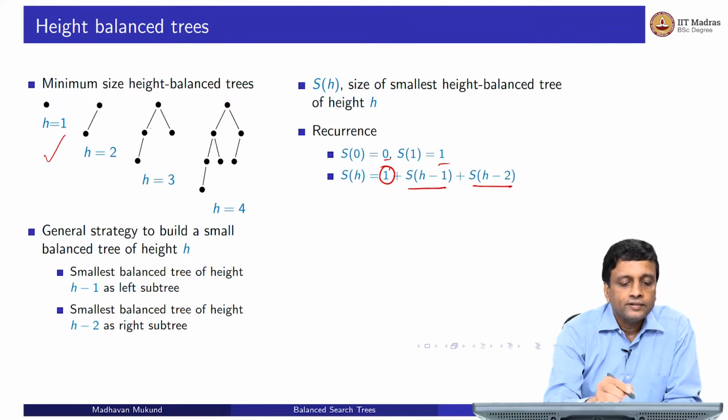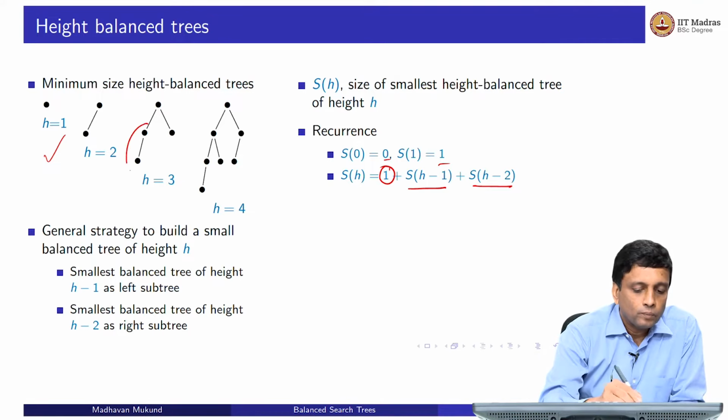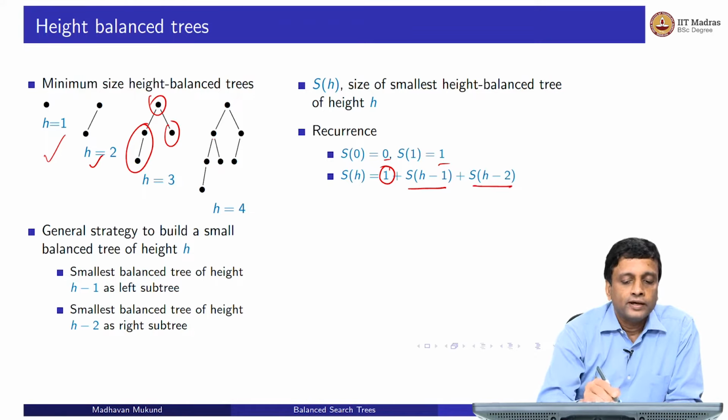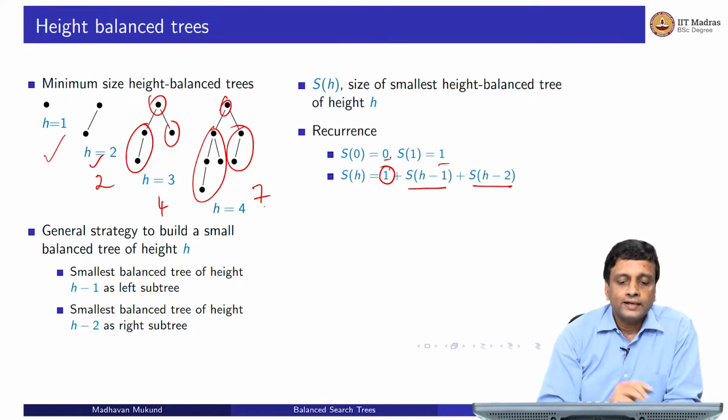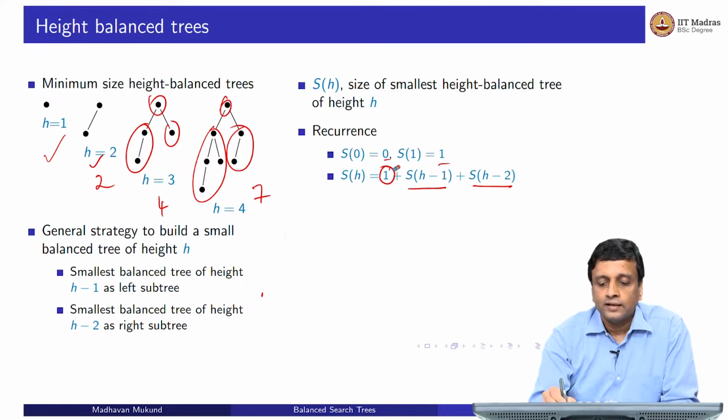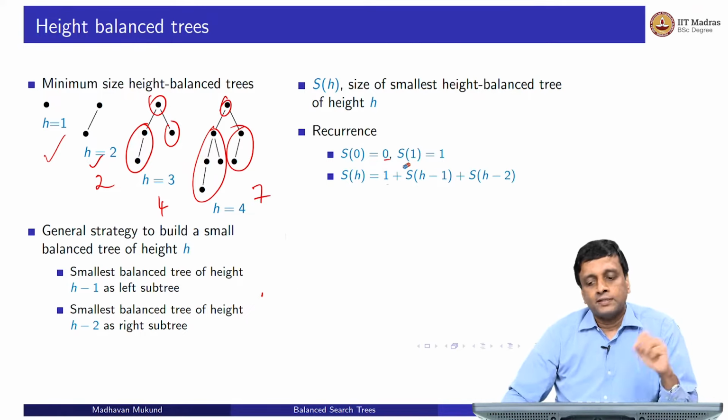If I go here, this is 2 plus 1 plus 1, so I get 4. Here I get 4 plus 2 plus 1, so I get 7. And the next one, as we said, will be 7 plus 4 plus 1 will give me 12, right? So this gives me this recurrence which says that S of h is 1 plus S of h minus 1 plus S of h minus 2.